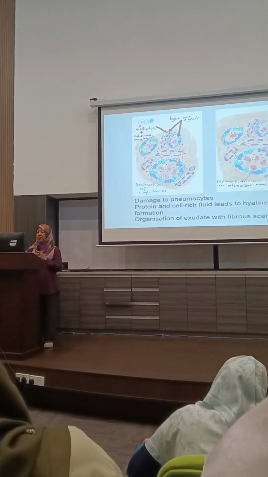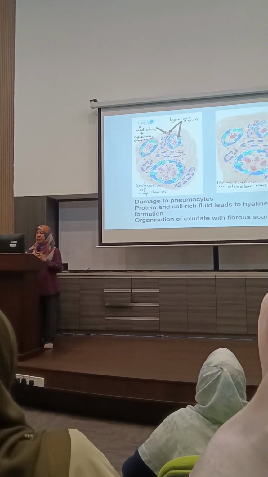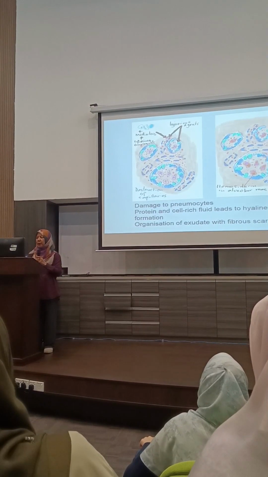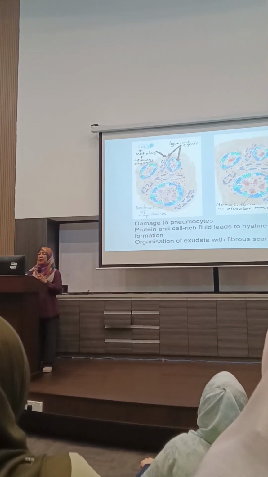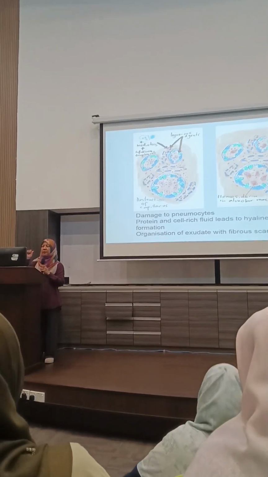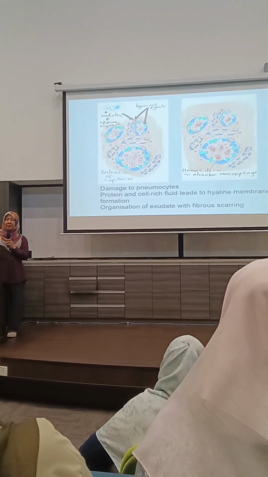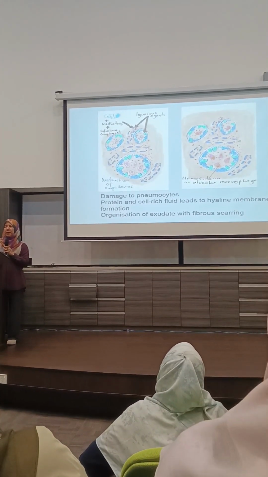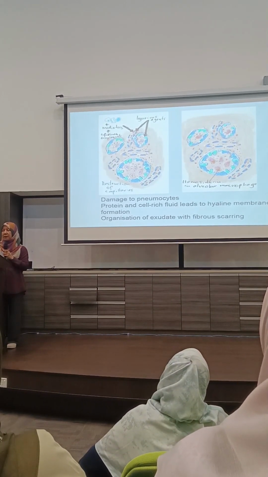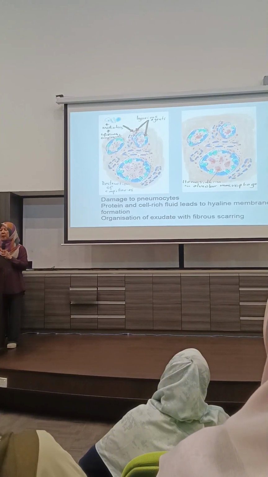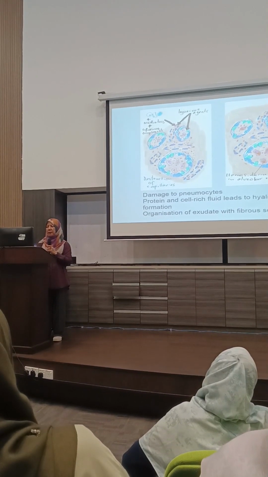Macrophages start engulfing the red cells, and then this protein-rich fluid will accumulate inside the alveoli. So a mixture of protein-rich fluid and dead cells form a kind of pseudomembrane, a kind of membranous material that will further block the alveoli.